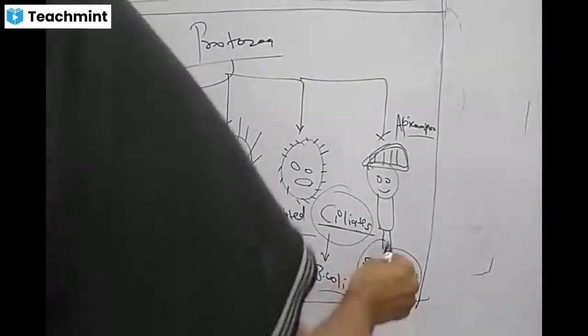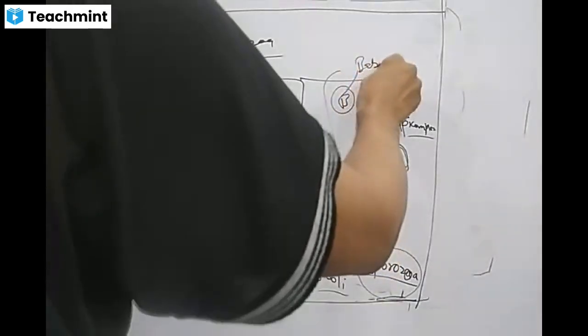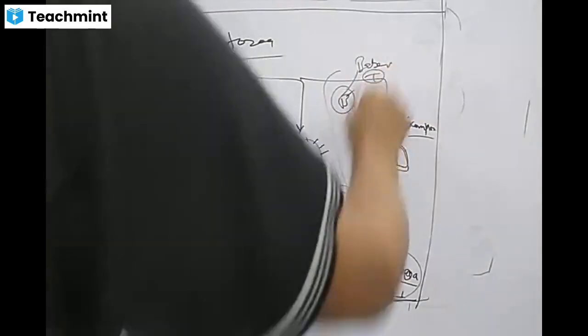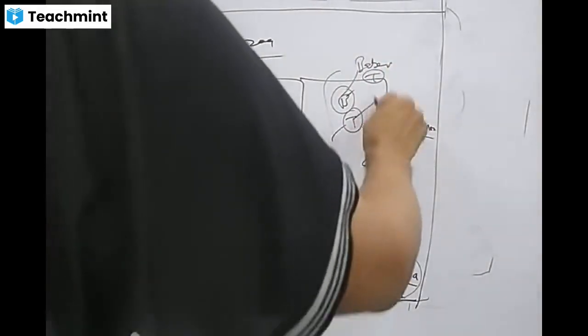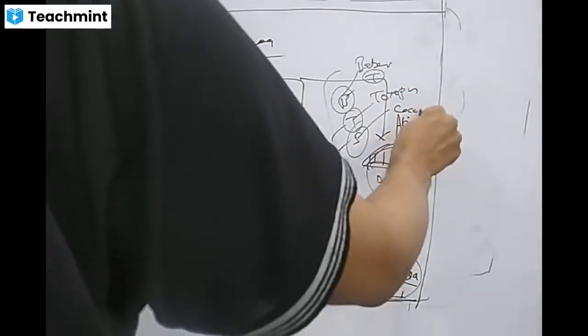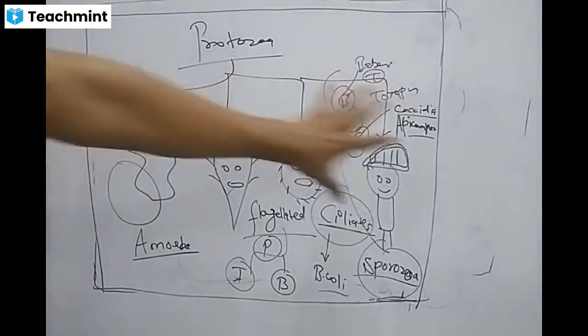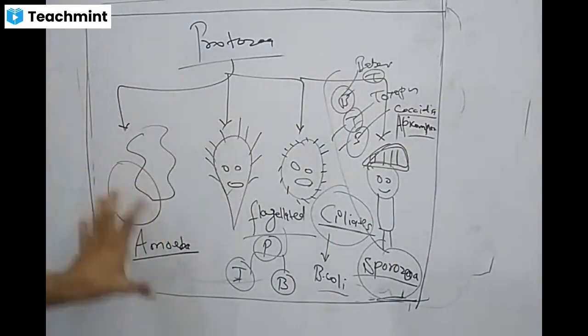And this sporozoa, they may be your blood, that is Babesia, Theileria, and that may be like tissues, inside the tissues, Toxoplasma gondii, and that may be your intestinal, that include coccidia. So in this way, your protozoology is divided into four parts.